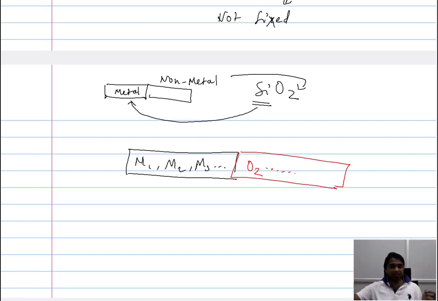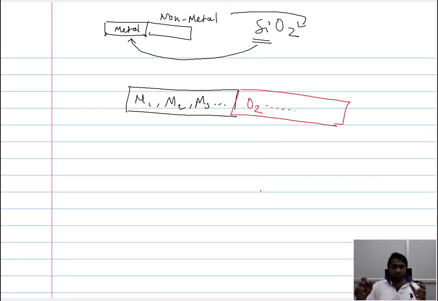So what we are getting at is, even though the chemical composition of a mineral is fixed, the chemical composition is definite, meaning we can describe a given mineral based on a given chemical formula, it is not fixed.